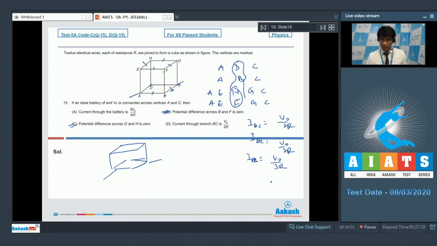So the total current through the battery will be the sum of all these three, that means V0 divided by R times (1 by 2 plus 1 by 2 plus 1 by 3), so the current comes out to be 4 V0 divided by 3R. So option A is also a correct answer. So finally we are getting options A, B and C as the correct answers for question number 15. Now let's proceed to the next question.